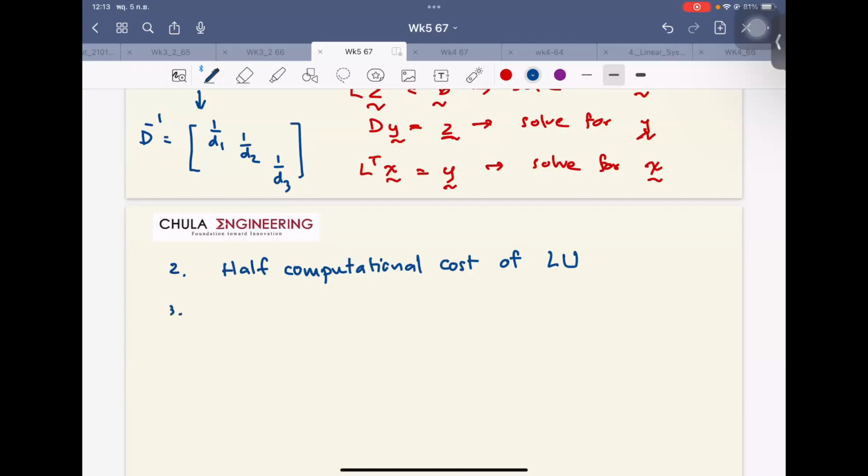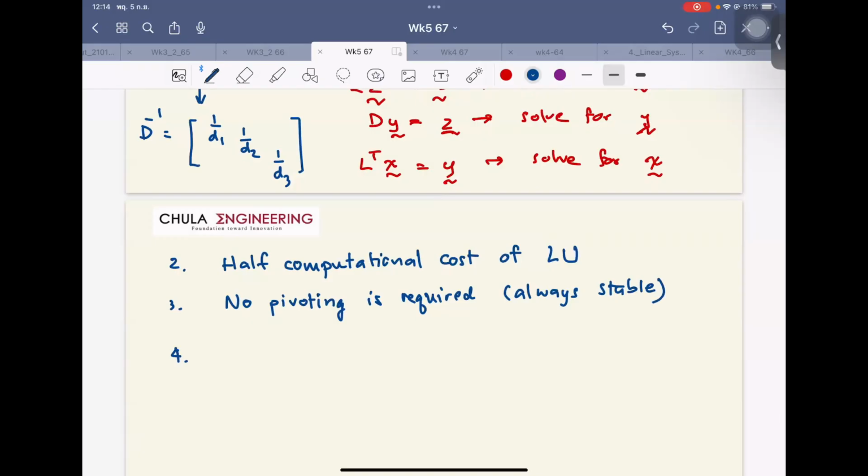Number 3, no pivoting is required. If A is symmetric and positive definite, no pivoting is required. Always stable. And in comparison with the square root scheme, no square root calculation.